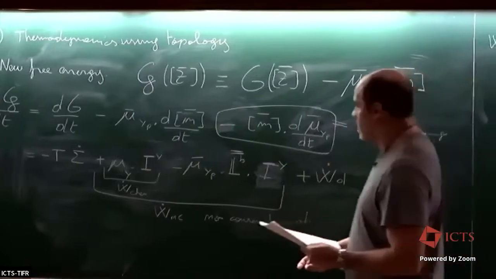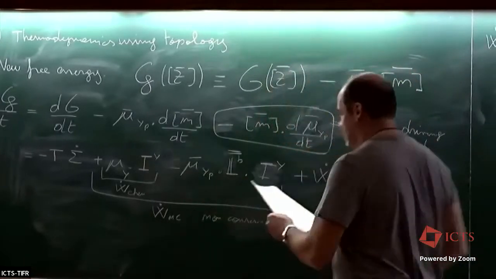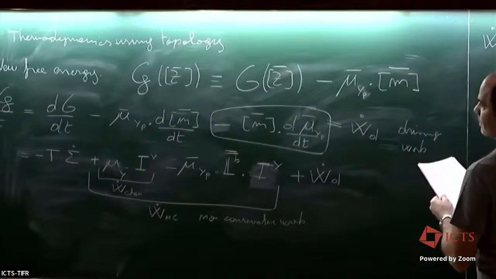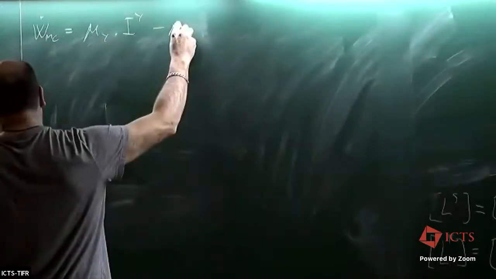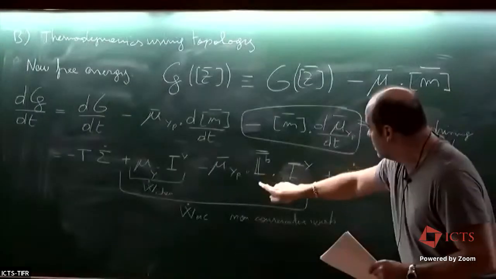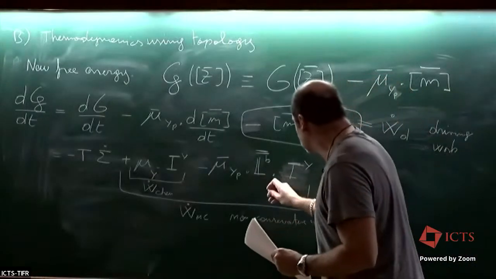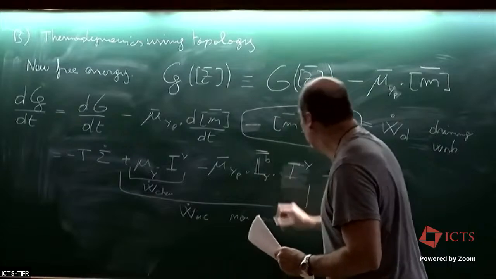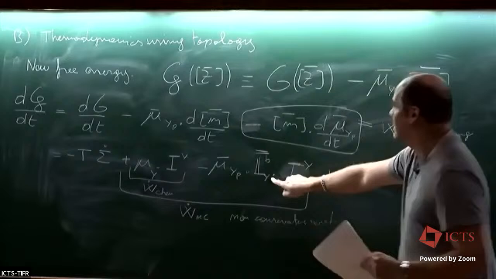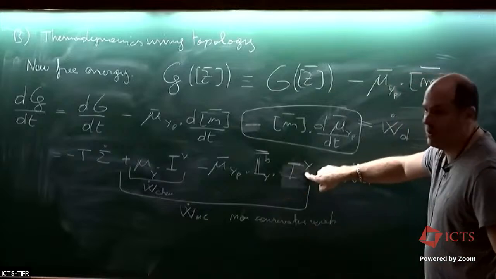So it's the chemical work minus this. I rewrite it. Maybe I can do the first operation already. This is the Ly part acting on Iy.